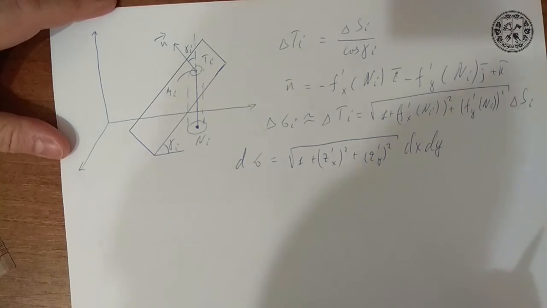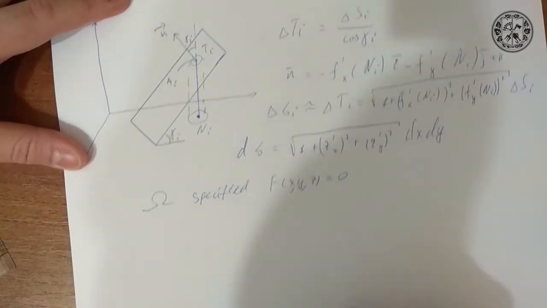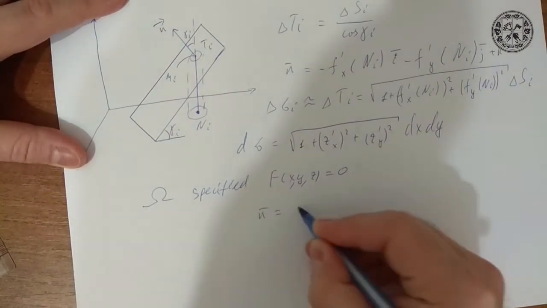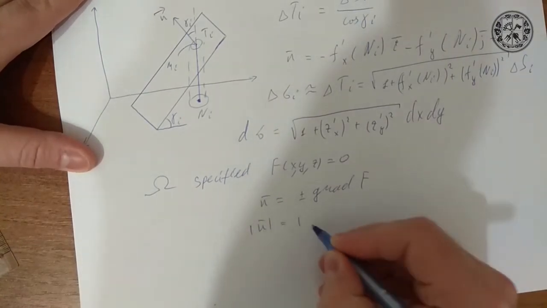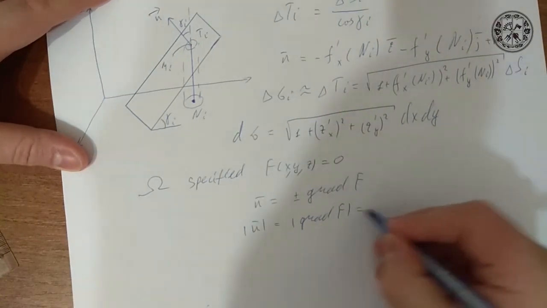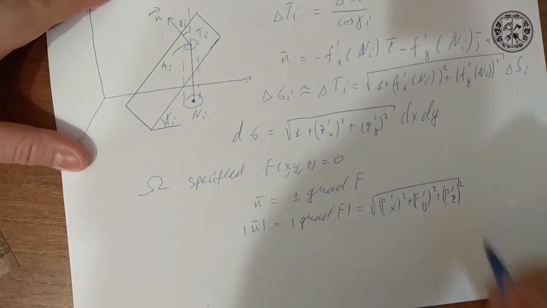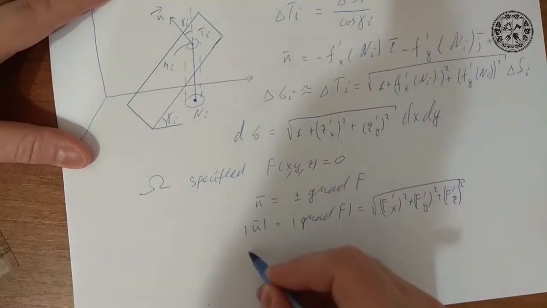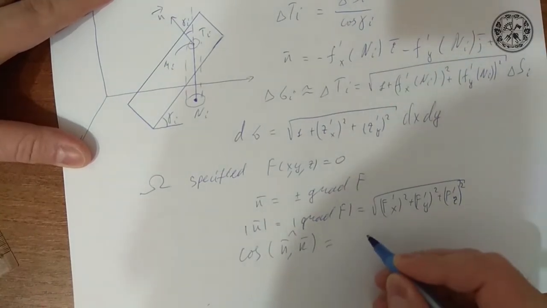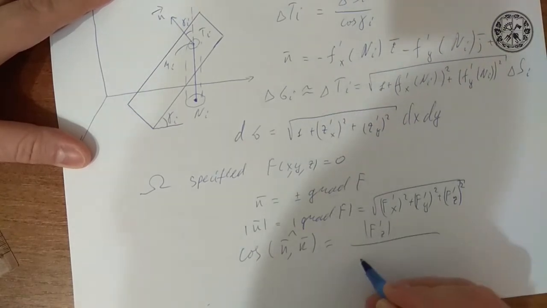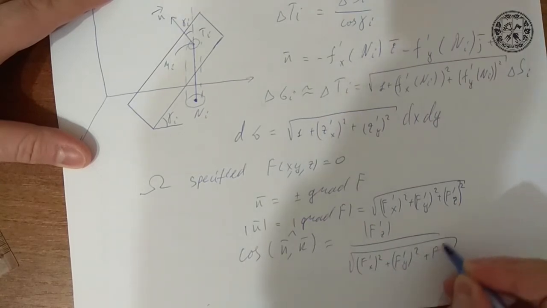If we have a surface omega specified by F of x, y, z equals 0, then this vector n is plus or minus the gradient of F. And the length of this gradient, the absolute value of gradient F, is the square root of F derivative x squared plus F derivative y squared plus F derivative z squared. So the cosine of the angle between n and k will be the absolute value of F derivative by z divided by the square root of this sum: F derivative by x squared plus F derivative by y squared plus F derivative by z squared.